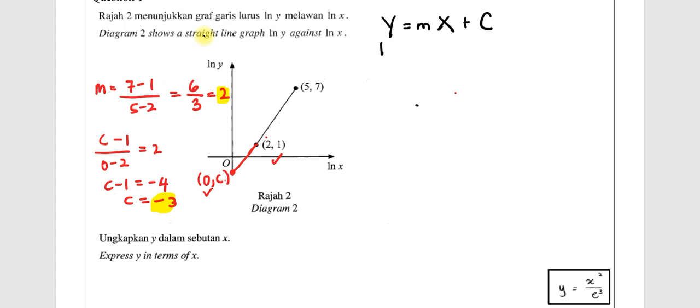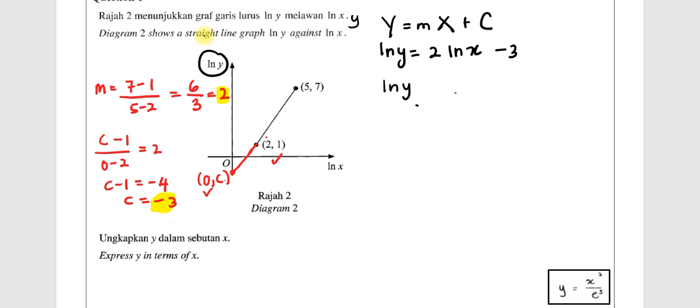The Y is in capital letter because it can represent anything related to the y, not exactly the algebraic y. So here the Y represents ln y, gradient is 2, X is ln x, c is negative 3.